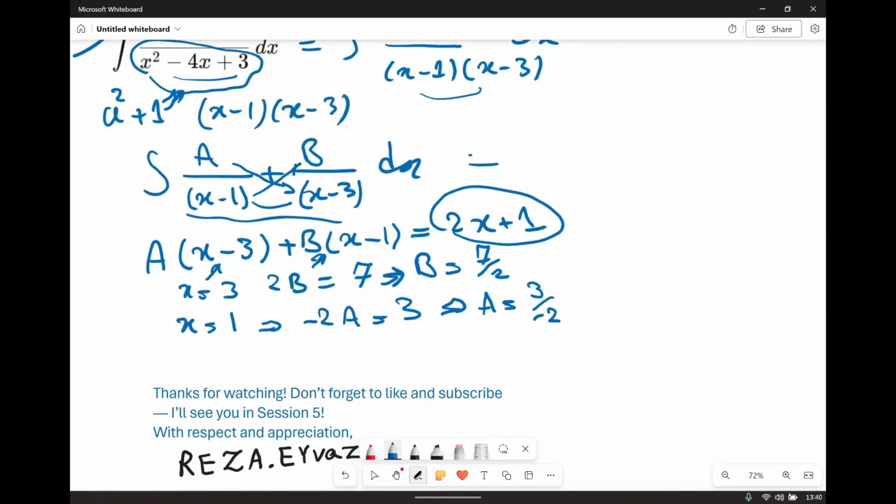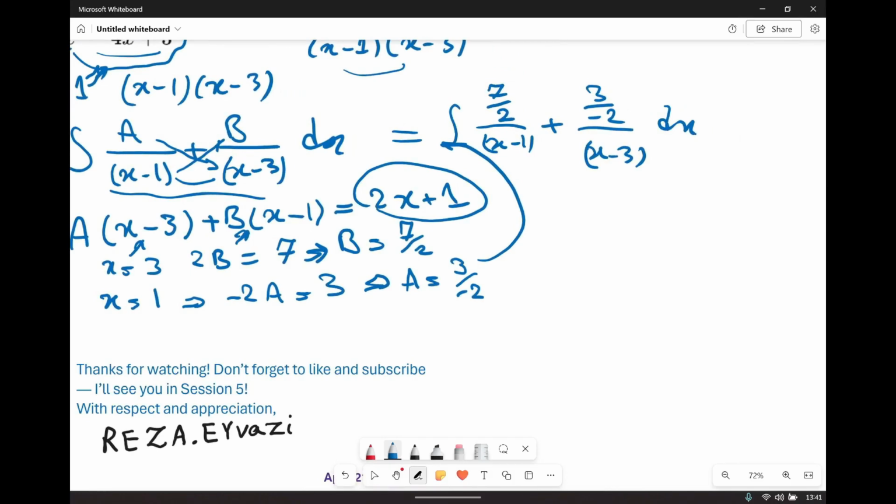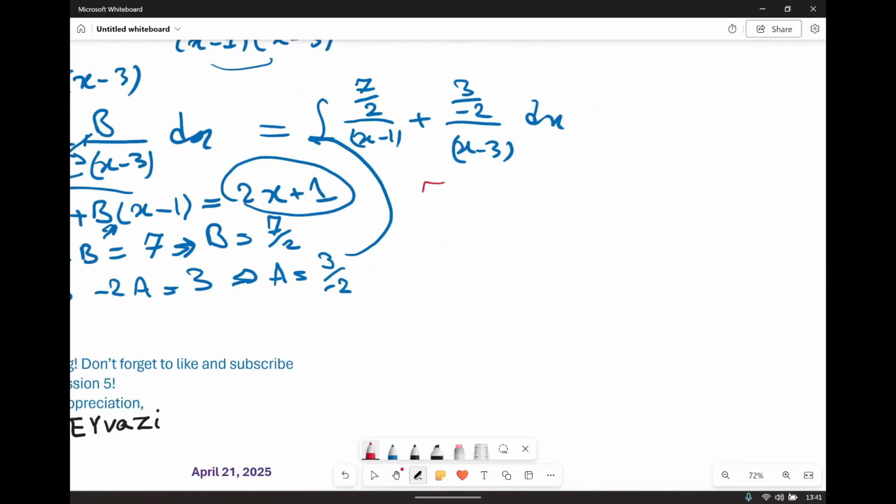And our integration changes to this form: 7 over 2 divided by x minus 1 plus 3 over minus 2 divided by x minus 3, dx. Yes, it's so simple. I think you can calculate it so easily, because it is 7 over 2 integration of 1 over x minus 1 plus, 3 over minus 2 in the bottom, integration of 1 over x minus 3 dx.